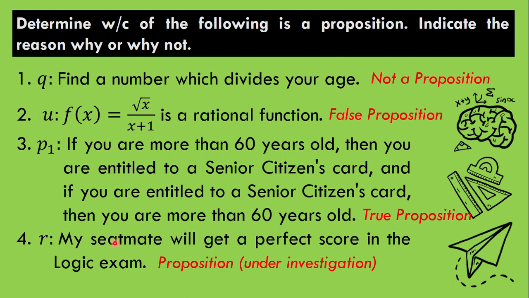With this statement, we can identify whether it is true or false. But again, this is under investigation because we're going to wait for the logic examination to happen so that we can identify if that seatmate will get a perfect score or not. So again, you can use a singular noun or pronoun. It could be proper or improper.